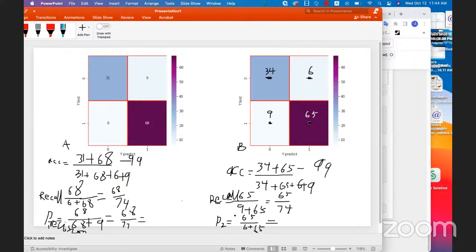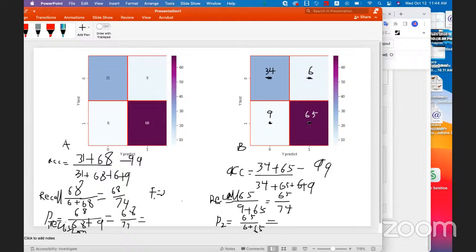Because now one has the higher recall score and one has the higher precision score. So if we want to find a balance so both scores are high, then we have another score called F1. The F1 score is used to find the balance between the recall score and the precision score.